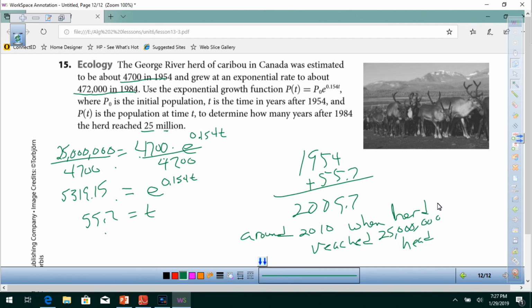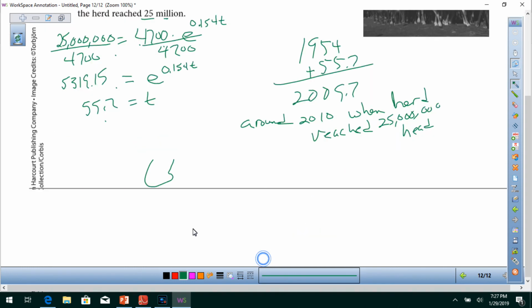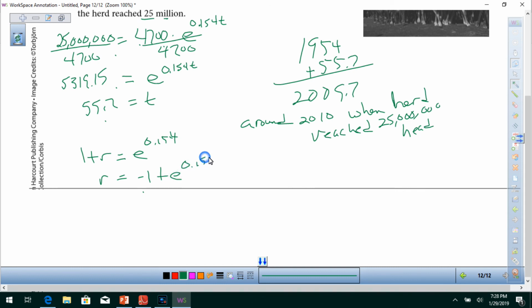Now, we're not done. Let's see here. This exponential growth, it was growing, so exponential growth is 1 plus r equals e to the 0.154. So I have to do some of that magic. R equals negative 1 plus e to the 0.154.